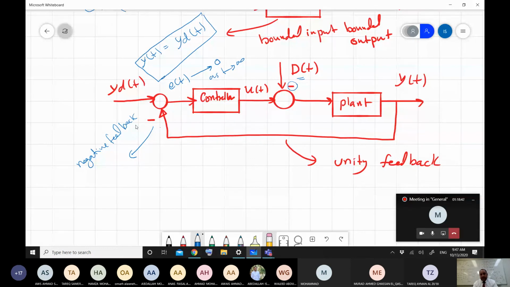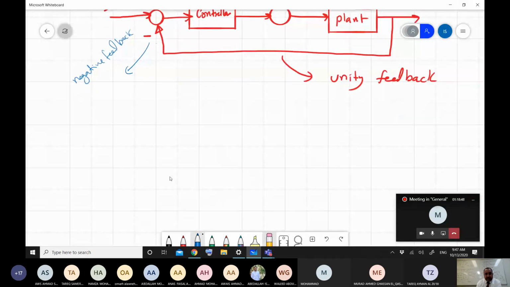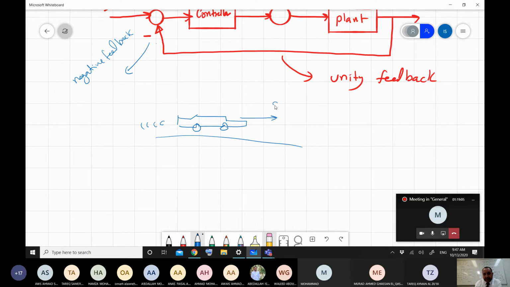Now let's give the last example for finishing this lecture. Let's assume that I'm driving a car, and I'm controlling the car direction and speed.